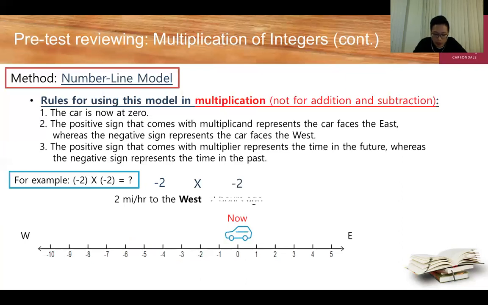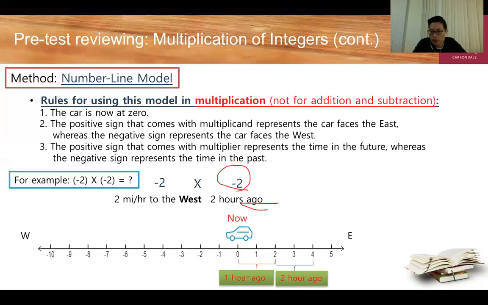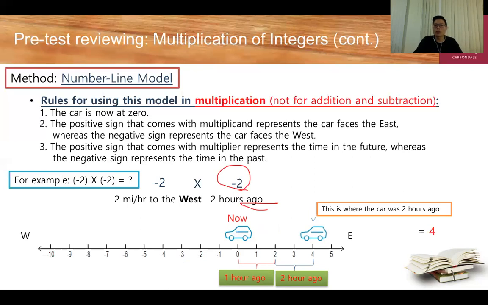And the multiplier this time is -2. That means 2 hours ago, okay? So 1 hour ago, the car was at +2 position. And 2 hours ago, the car was at +4 position. So this is where the car was 2 hours ago, right?